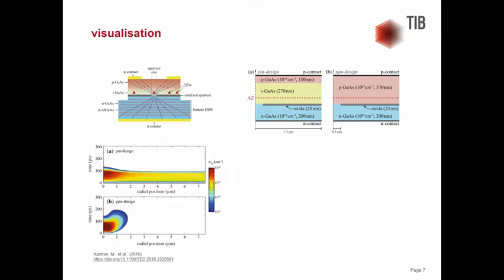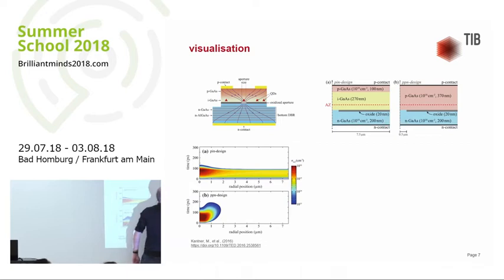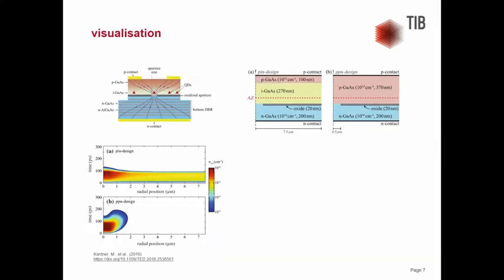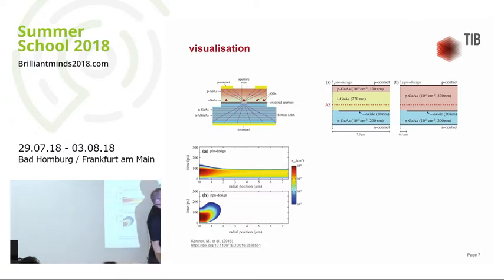As a physicist, you watch it and look at this, and after some time you understand what they're trying to tell you, because this is the radial position, along this axis, and this is the time. So they show this as some density that changes over time at this dotted line.